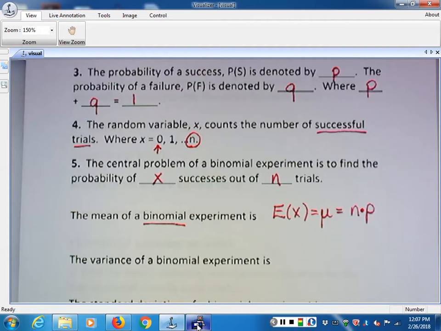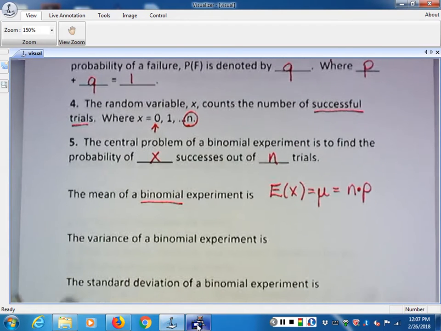So, for example, if I were talking about the probability of passing the next test, either you pass it or you fail it, and if I had 10 students and the probability of passing the test is 70%, then how many of those 10 students do you think would pass the test? Does it make sense that it would be 7 students? And that's really what that's saying.